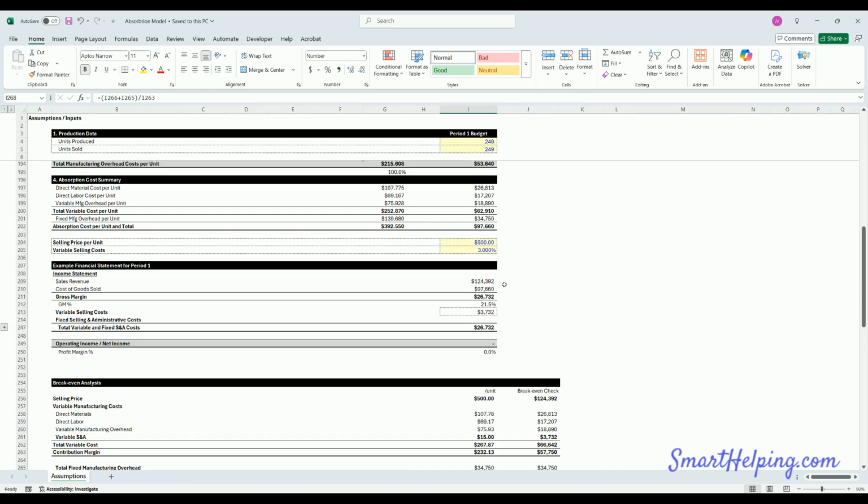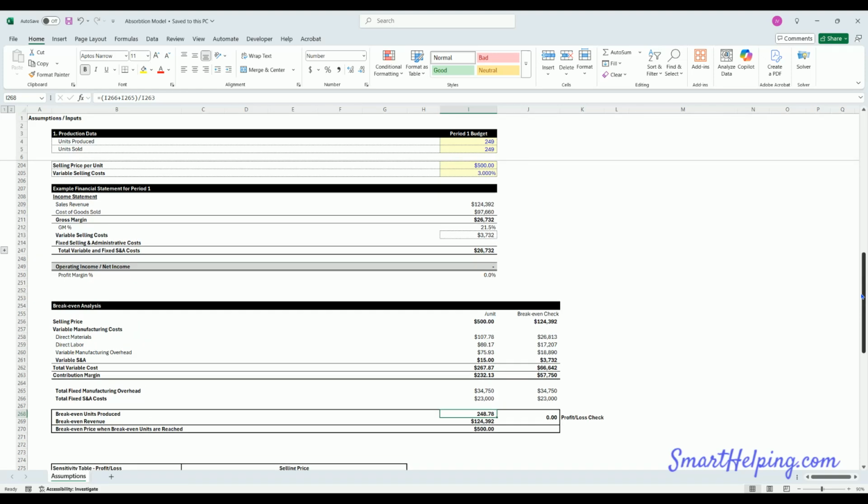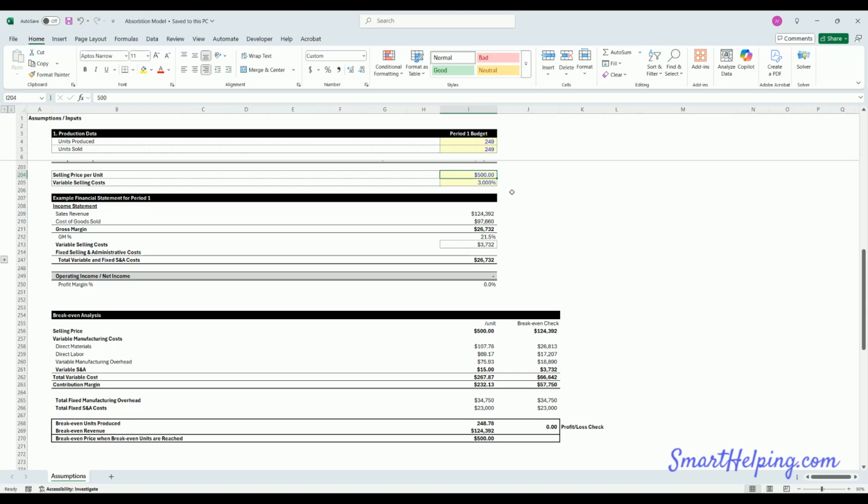Now, interestingly, if we change the price, say 300, our break-even price here should not change. 250, whatever, 1,000. Okay, and then if I put in, say, $75, let's put this back to 8,000.